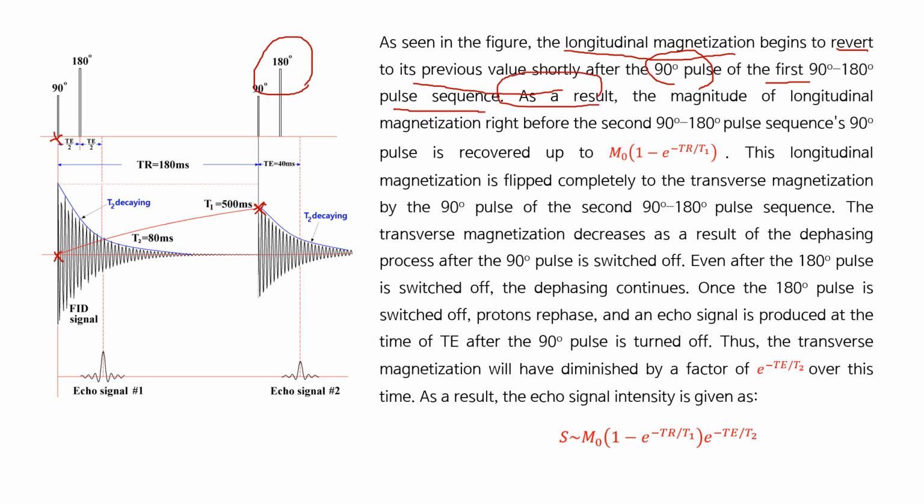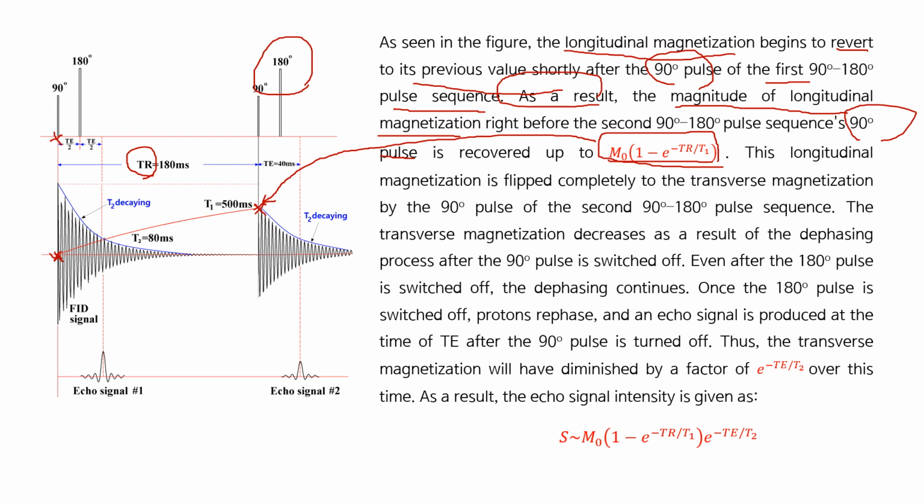As a result, the magnitude of the longitudinal magnetization right before the second sequence's 90-degree pulse is recovered up to this value. From here, longitudinal magnetization is recovering, and after TR, we have this recovered longitudinal magnetization.